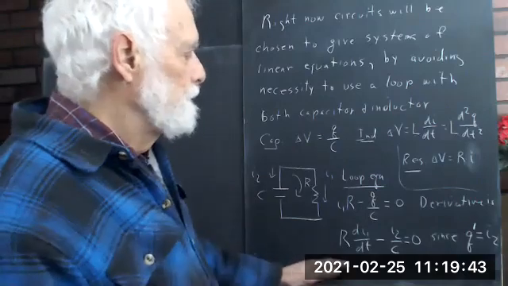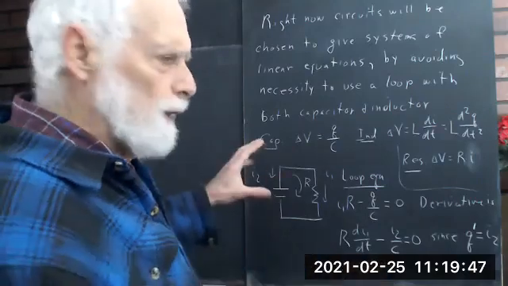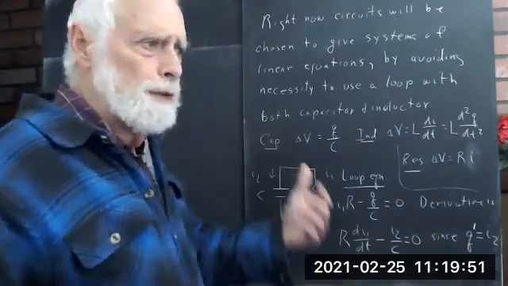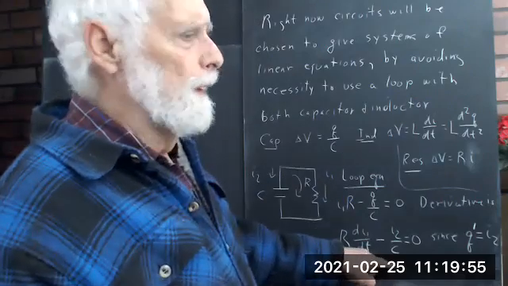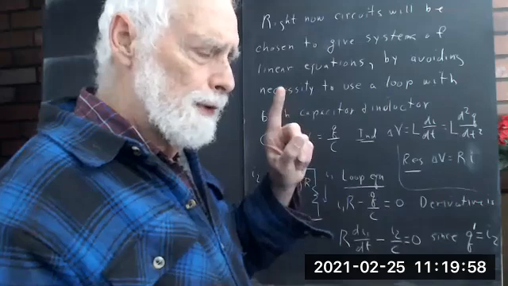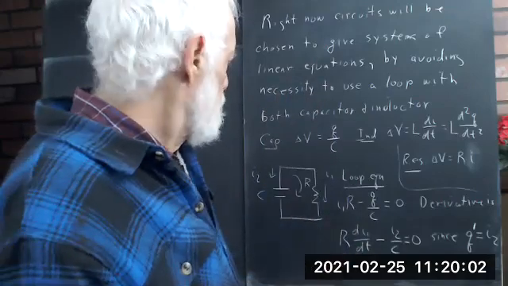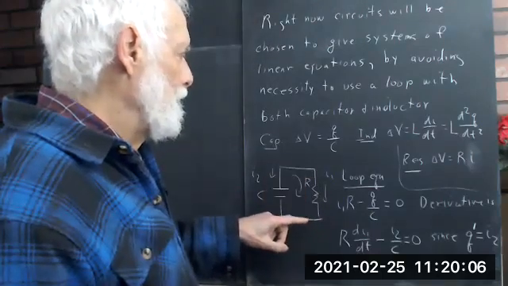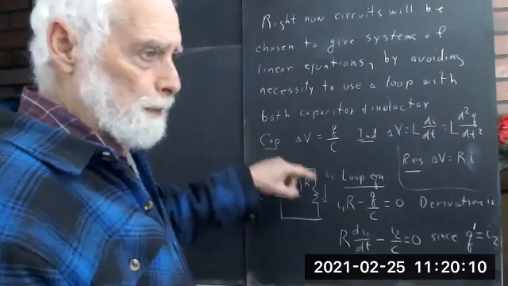Within a loop, you either want to do it this way, when you have a bigger network of resistors, capacitors, and inductors, do it this way and get systems of first order equations with just first derivatives, as long as you don't have a resistor and an inductor and a capacitor in that loop.